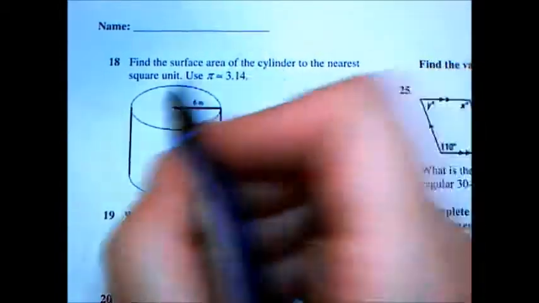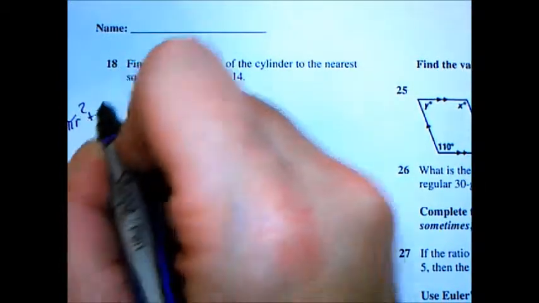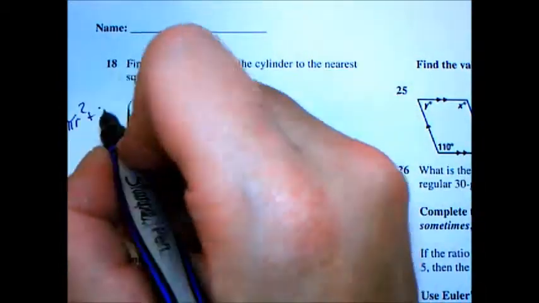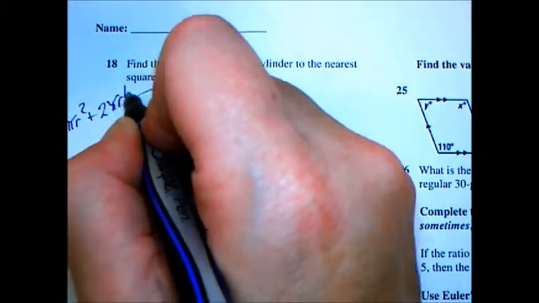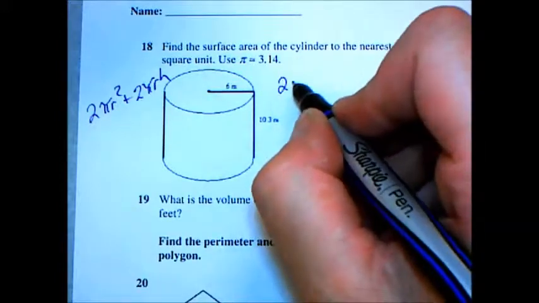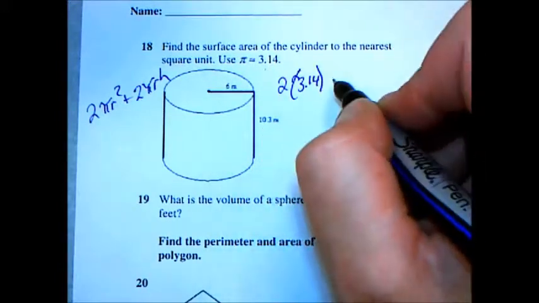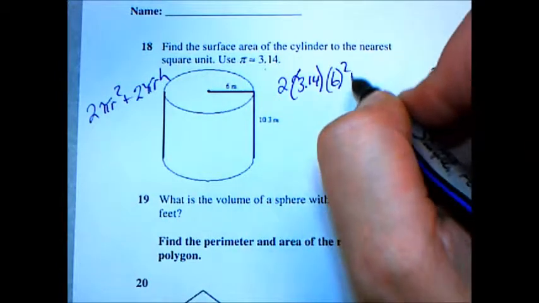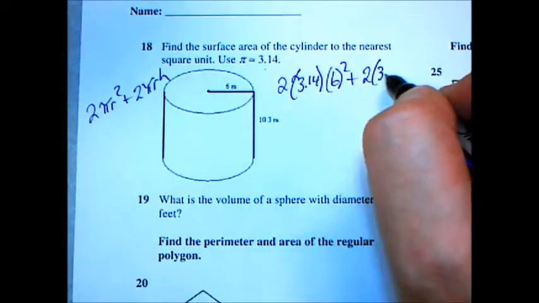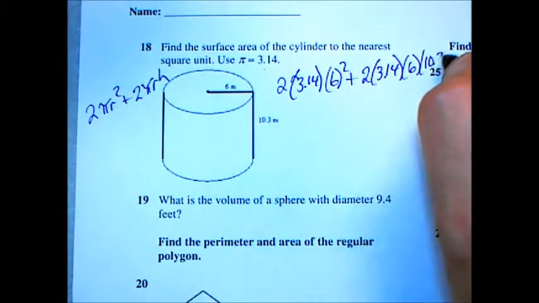Okay. On 18, it says find the surface area of the cylinder. So on this one, this is 2πr squared plus 2πrh. If I take my numbers and plug them in, that'll be 2, and it does tell me to use 3.14 there. The r is 6 squared plus 2 times 3.14 times 6 times 10.3.